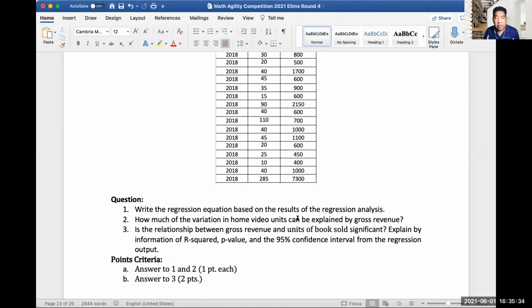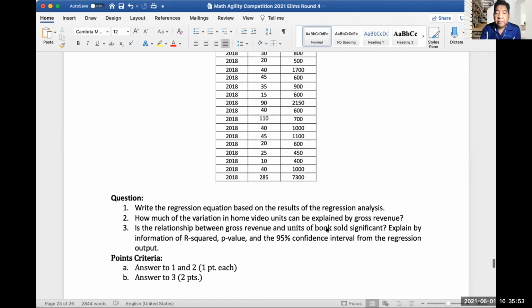So there is actually a requirement: explain it by information of R squared, p value, and the 95% confidence interval from the regression output. If you answer question 1 and 2, there is 1 point each. And if you answer question number 3, that would be 2 points.